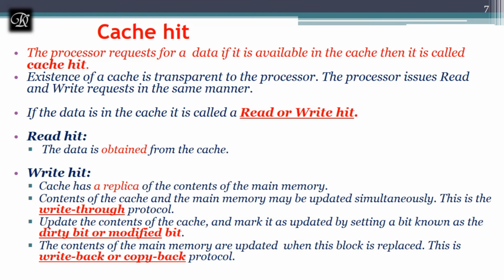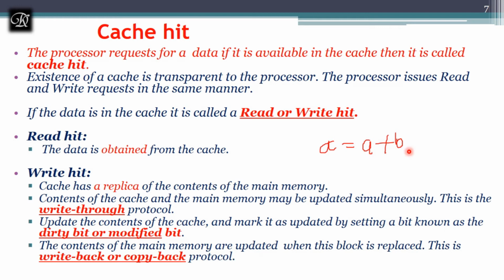Next, what about a write hit? When it is a write hit, the cache has a replica of the content of the main memory. I'll write a statement for the sum of two numbers: a is equal to a plus b. This is the task I want to do.